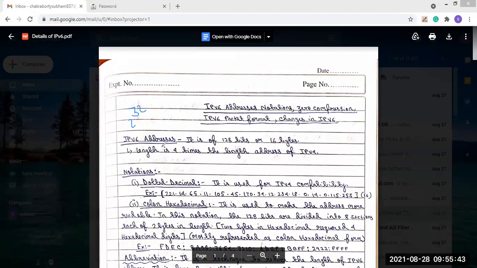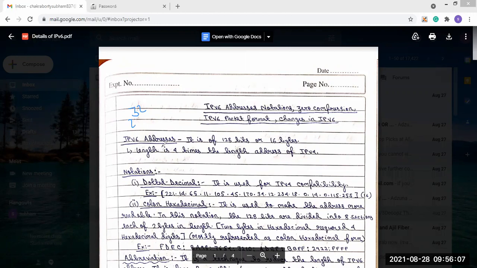But day by day the number of devices is increasing. The devices we have already covered by giving IPv4 addresses, but new devices keep growing, so IPv4 cannot provide address space for all the devices.